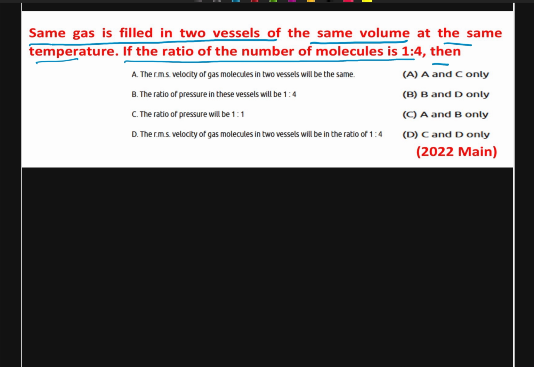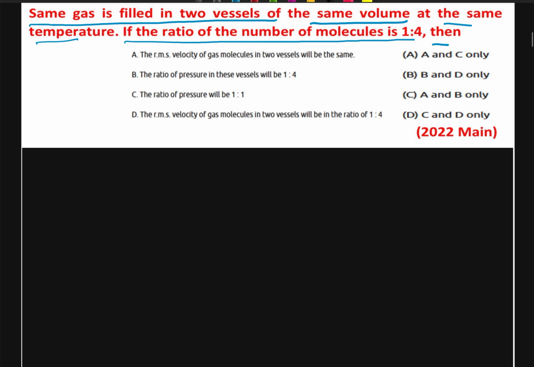Okay. And we know that our V RMS is given as the square root of 3RT divided by M. Okay.